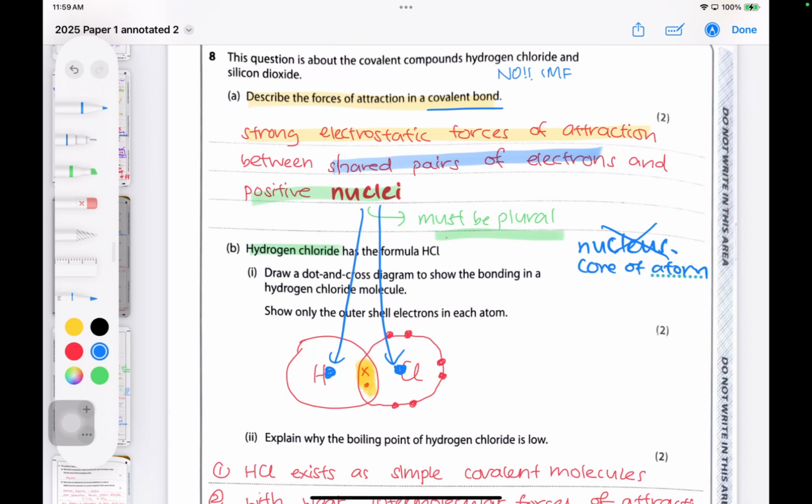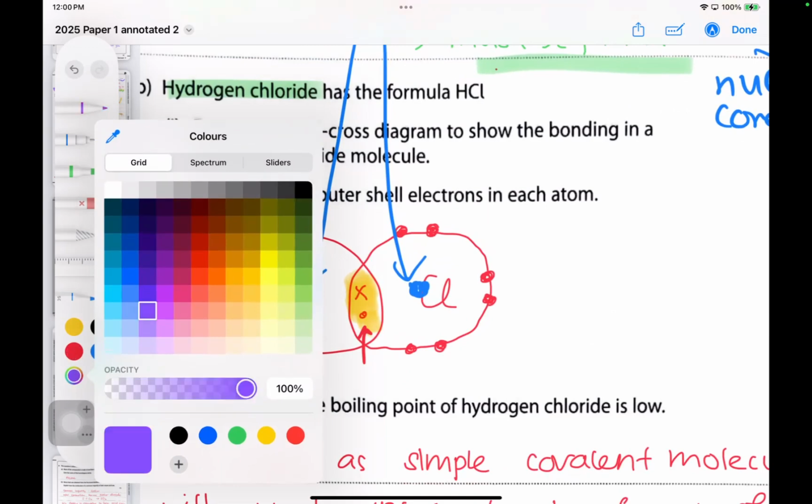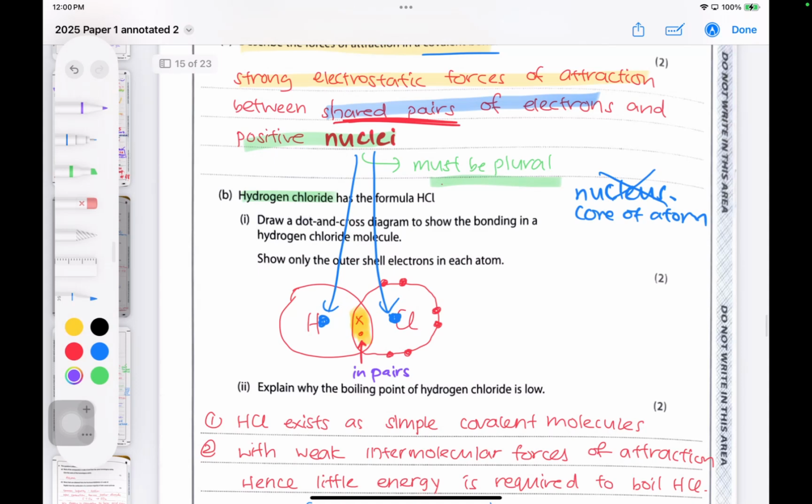Okay, another thing to take note of, small things but they do add up your marks, is you can't just say shared between electrons. It must be shared pairs of electrons, because the electrons that are being shared will always be in pairs. Okay, I'm just going to use another color, in pairs. So if I could just quickly give you another example, say, nitrogen.